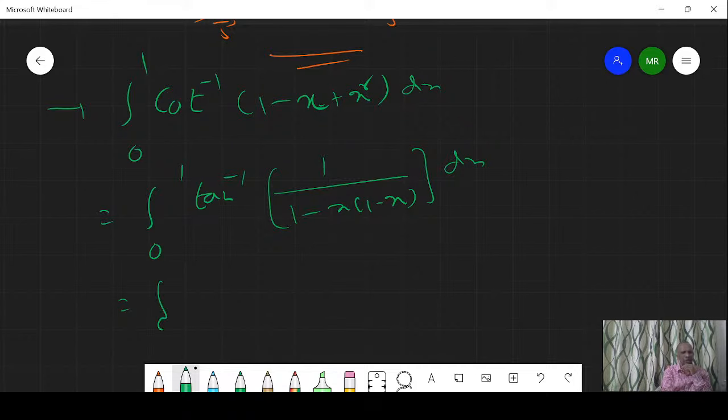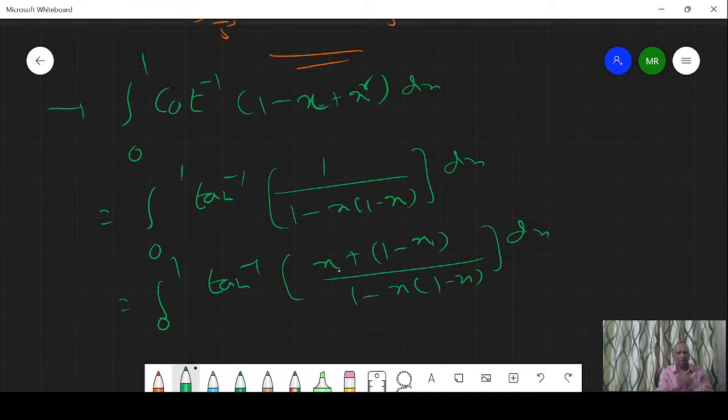So conveniently, integral 0 to 1 tan inverse of, in the place of 1, x plus 1 minus x, by 1 minus x into 1 minus x. It is like tan inverse of x plus y by 1 minus xy.